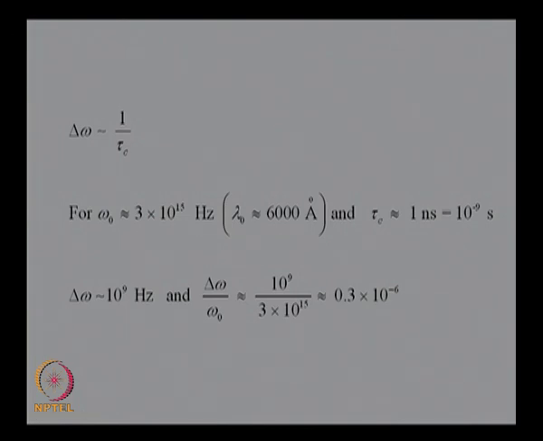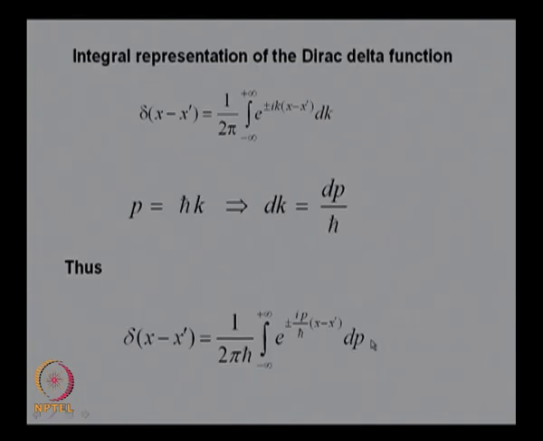The corresponding wavelength is 6000 angstrom. If I consider a 1 nanosecond pulse, then the corresponding frequency width will be 1 over tau c. 1 over tau c is 10 to the power of 9 hertz, and so the spectral purity of the pulse is 0.3 into 10 to the power of minus 6.